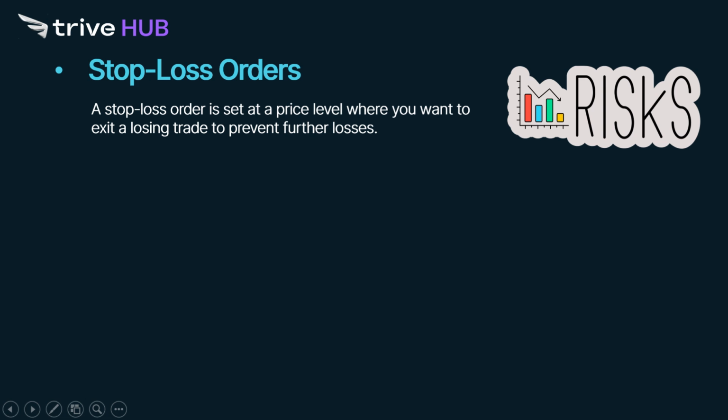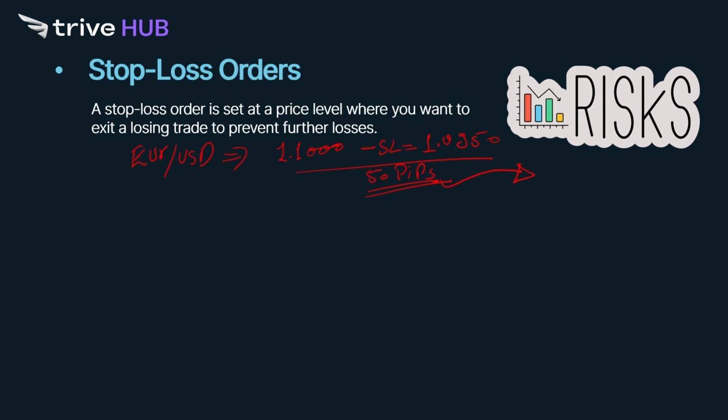If the market crosses below this level, my position will close out automatically and I will only get a loss of 50 pips, not further than that. So you can set these pre-orders.